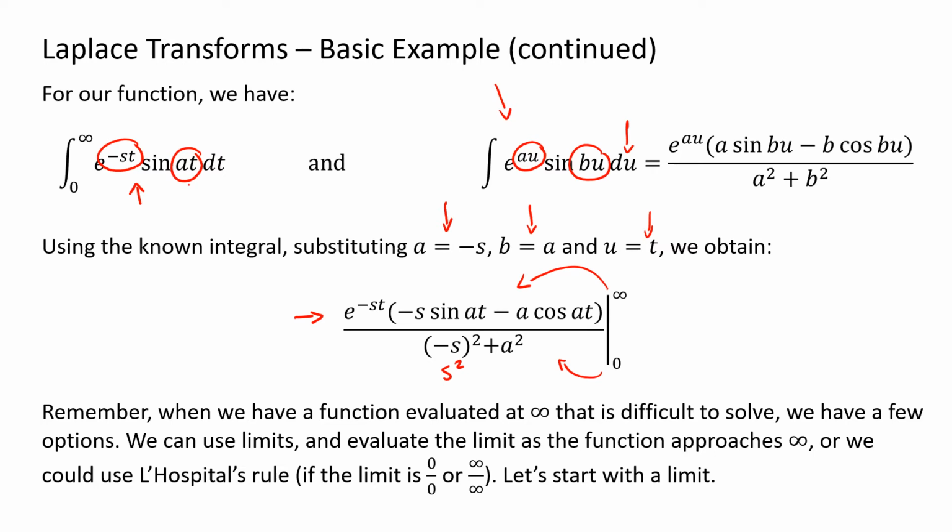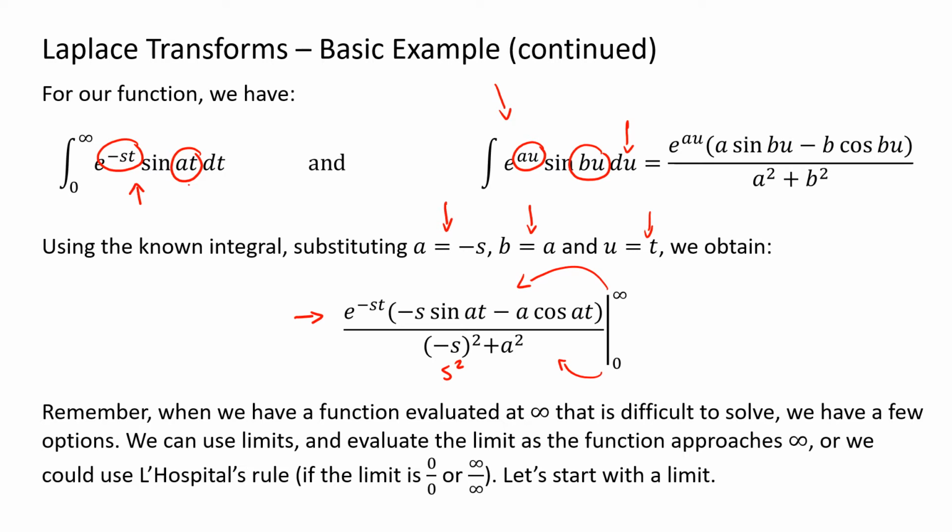Oftentimes we had to use limits, and if we ended up with odd solutions, because this is a fraction, we would get 0 over 0 or infinity over infinity. In that case, we had to use L'Hopital's rule. But before we used L'Hopital's rule, we tried to evaluate the limit.